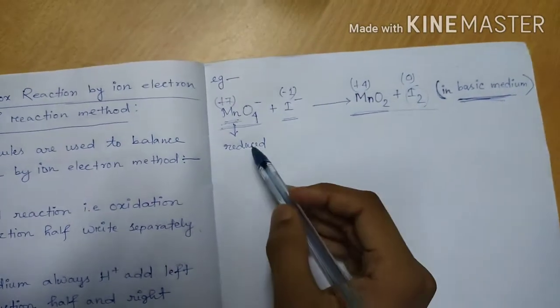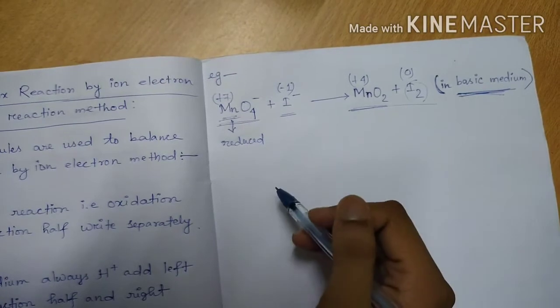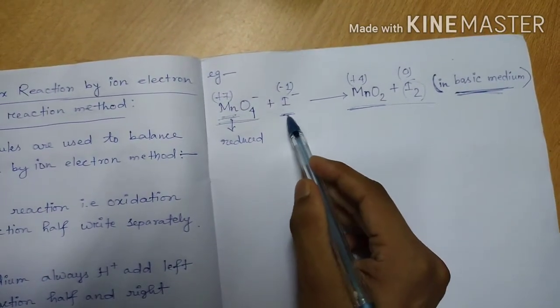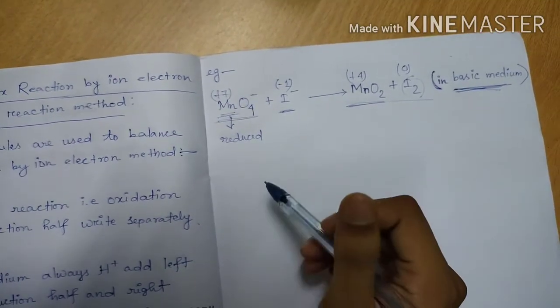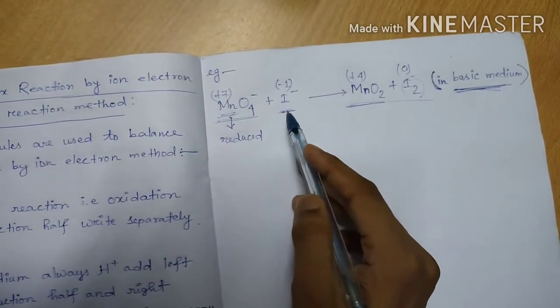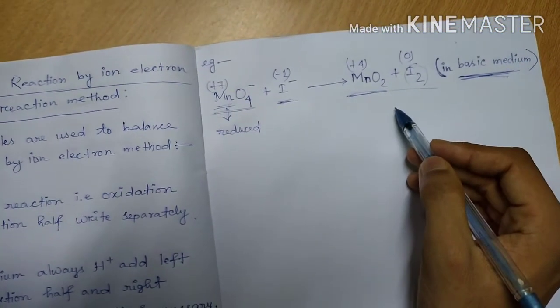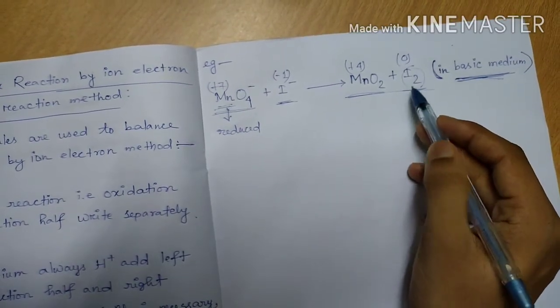Because the oxidation number of Mn decreases from +7 to +4, and you see the oxidation number of the I negative ion increases. The oxidation number of I negative is -1, but in I2 in the product it is 0.